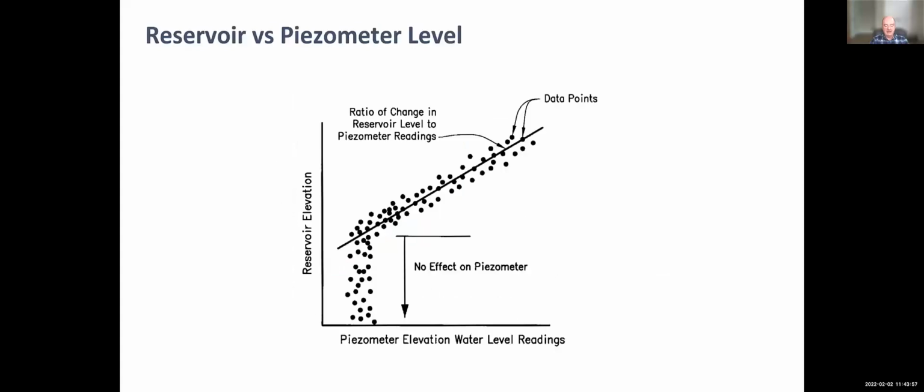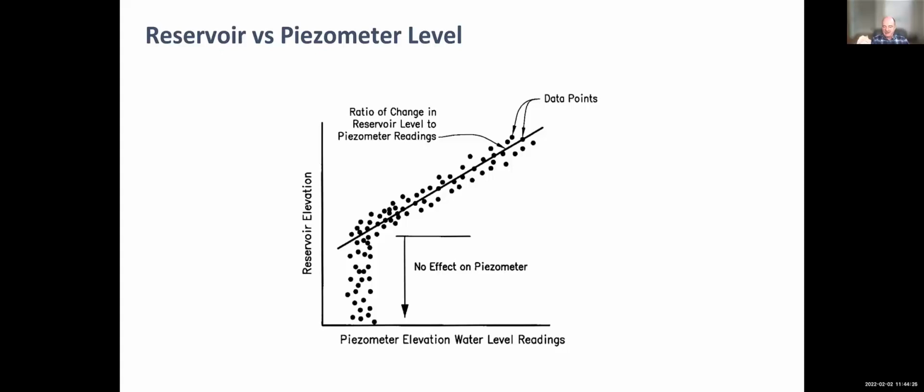And here's one last example of normal behavior. So all your data points are sitting on this kind of plot. It's kind of a reverse plot where reservoir is on this axis as opposed to on the bottom. And so there's a certain reservoir level, this reservoir level where my mouse is going back and forth. Once the reservoir drops below that level, the piezometer is not responding.